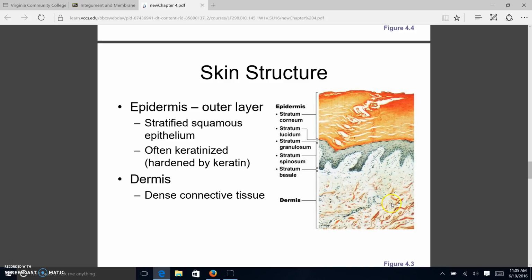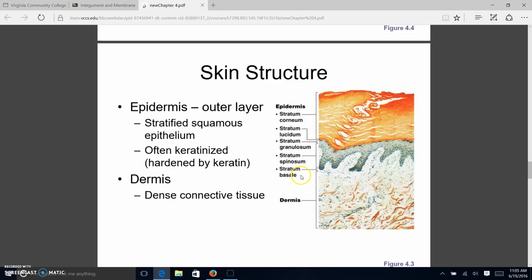And then of course I've got my dermis down here, which is again my irregular, dense, fibrous connective tissue that's vascular. Now, but let's concentrate just a little bit on these different layers of the epidermis and talk just very briefly about what's going on in these different layers.